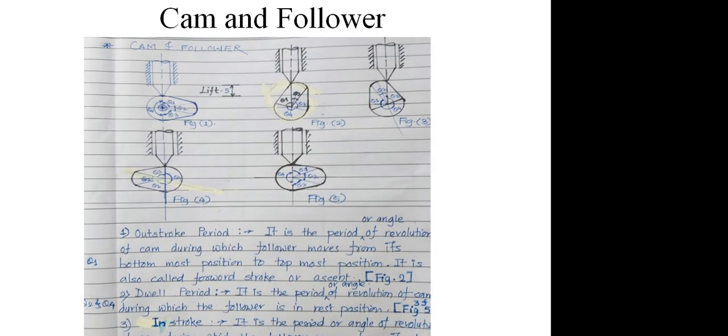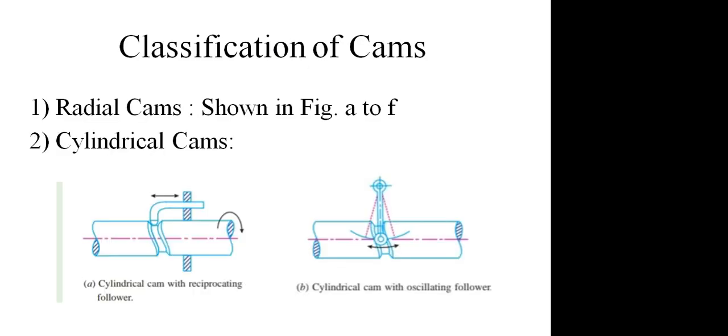Here it is the axis of cam, which we can see as a point in the front view. So here the motion of the follower is perpendicular to cam axis. Such types of cams are called radial cams.